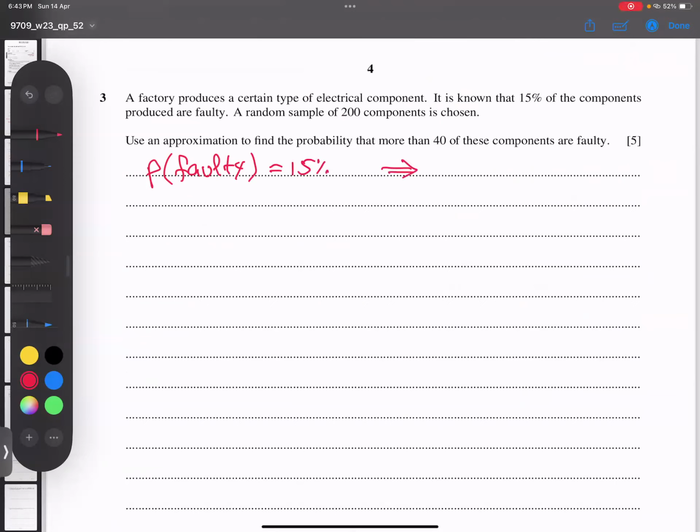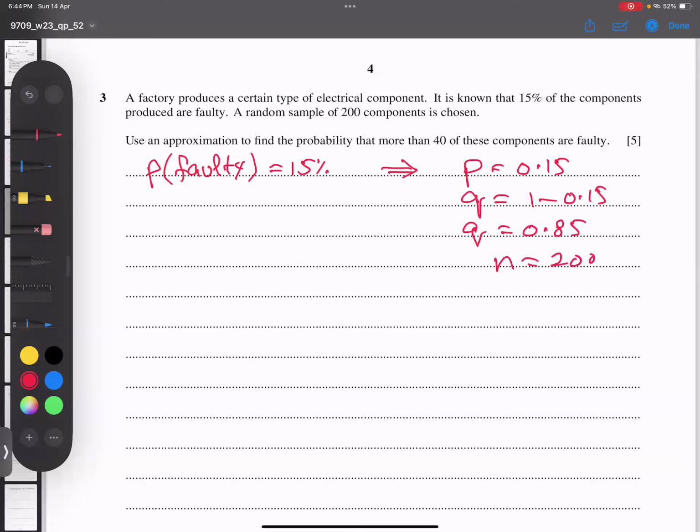If my focus is faulty, then the probability p is 0.15, and q comes naturally as 1 minus 0.15, so q becomes 0.85. And he talks about a sample given as 200, so n is 200.